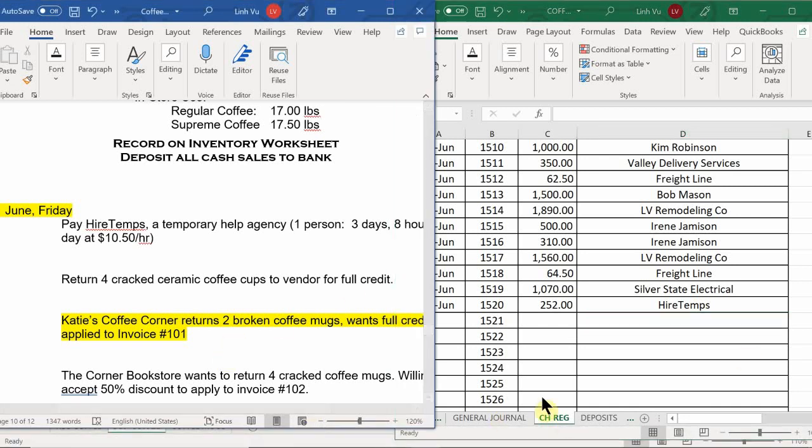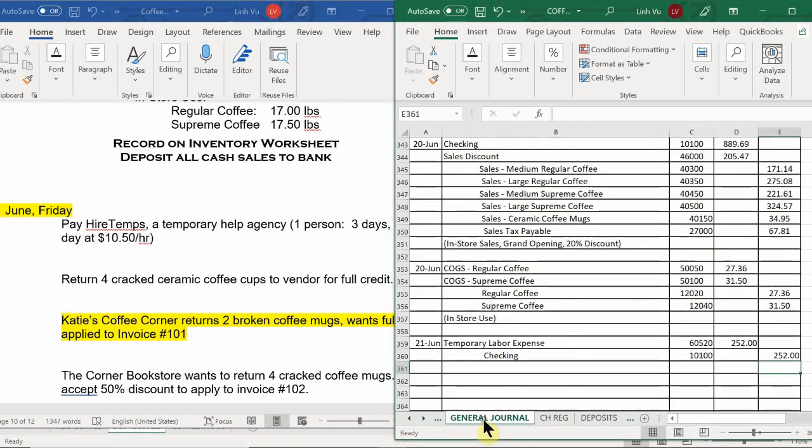So now we can write the description in the journal. Hire temps, check 1520.